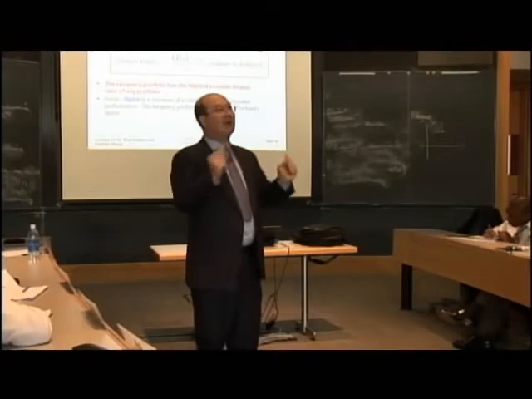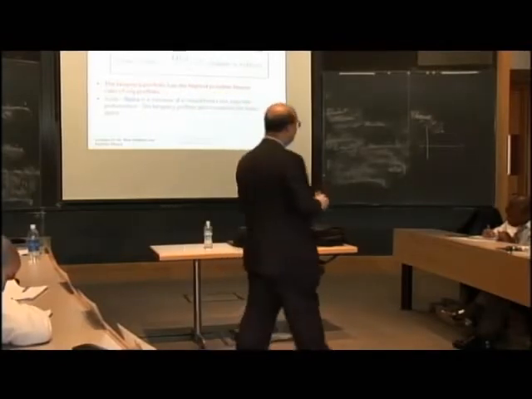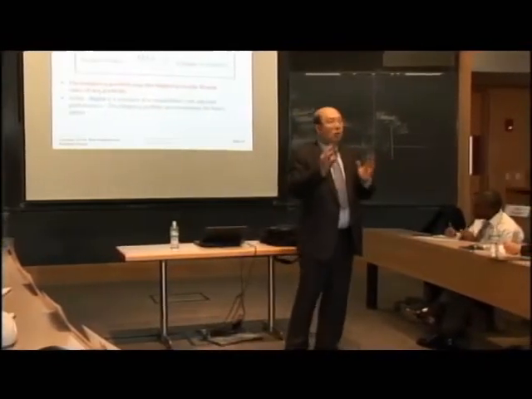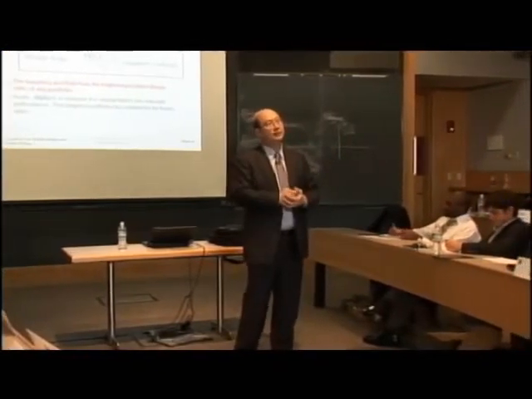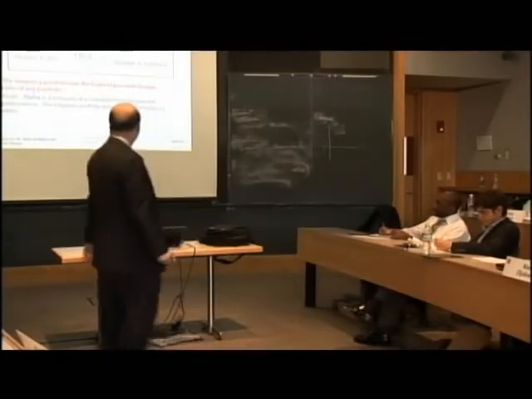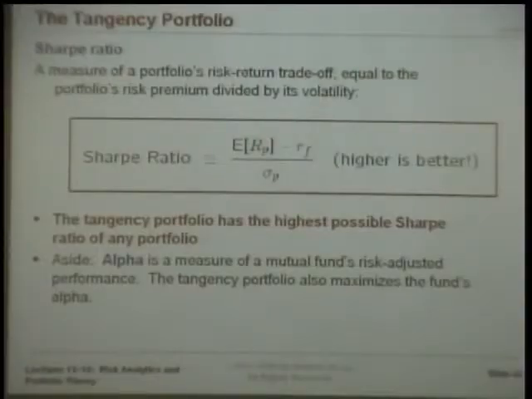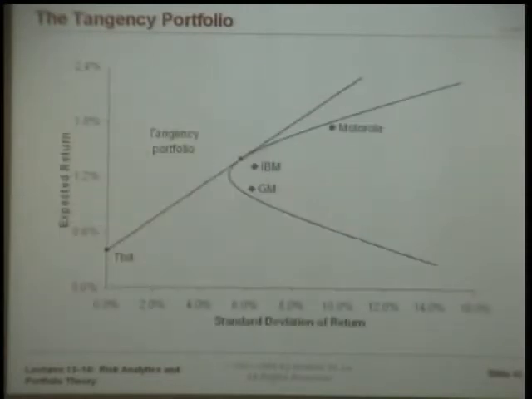If you're a mean variance optimizer, meaning you prefer more expected return and less risk, okay? So the idea behind the tangency portfolio is that it is the one that will give you the highest Sharpe ratio, right? Let's look at it again. If you pick a portfolio like here, take a look at the slope.